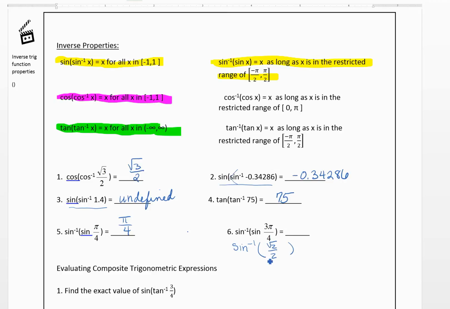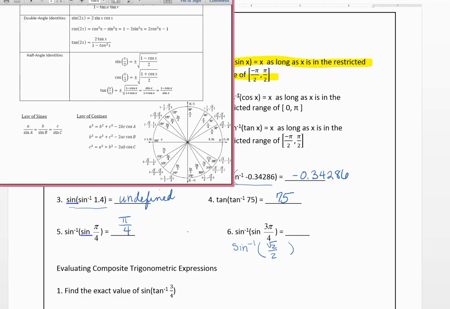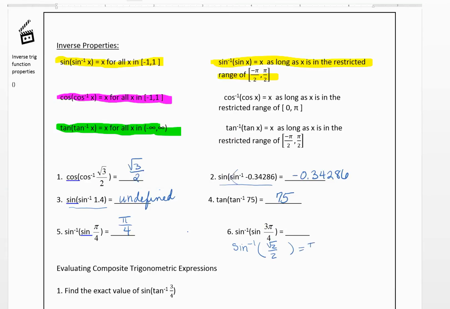So now we're trying to find sine inverse of square root of 2 over 2. And remember, that's the angle between -pi/2 and pi/2, where the y is square root of 2 over 2, and that's going to be pi/4. So our answer here is pi/4. So if the value is not in the restricted domain, then you actually have to work it out. You can't just kind of cancel those two.